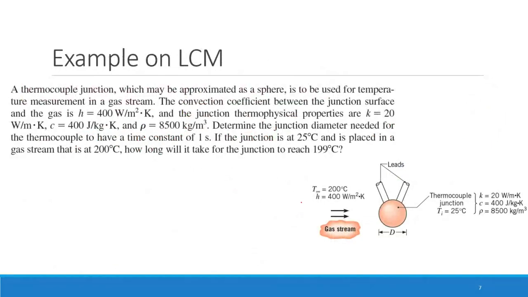Then there is a very good, useful example to apply the lumped capacitance method. Here we have a thermocouple junction, which may be approximated as a sphere. This is the sphere which we have, which is to be used for temperature measurement in a gas stream. The convection coefficient between the junction surface and the gas, h, is given as 400.